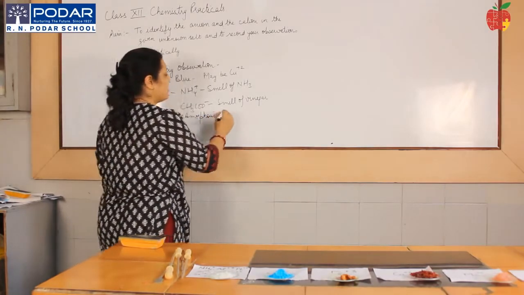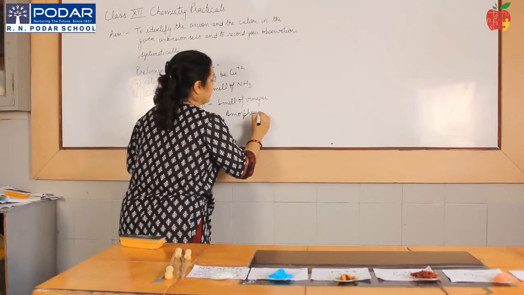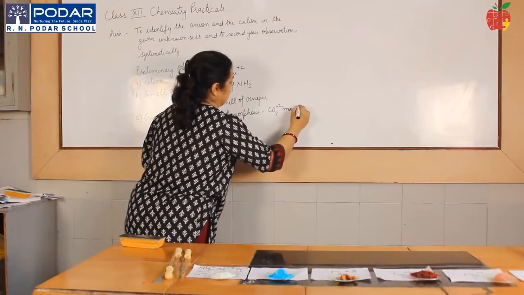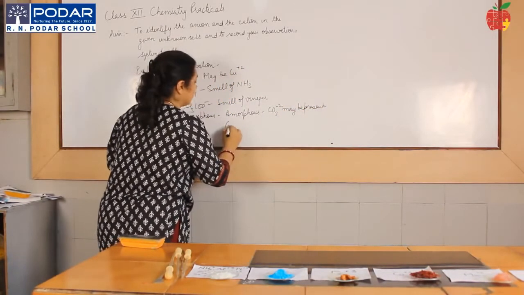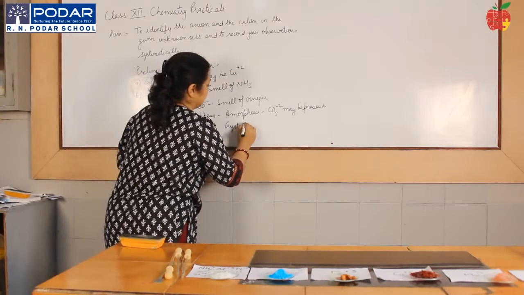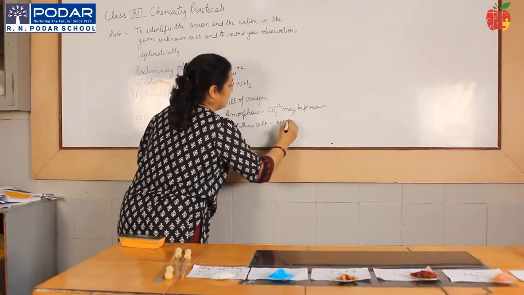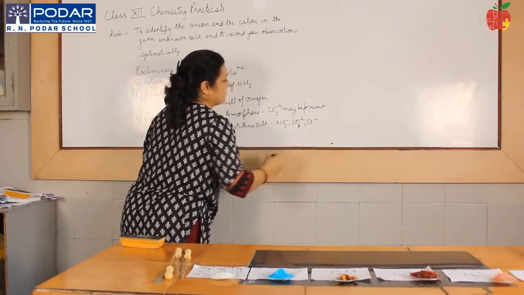If it is an amorphous salt, what we conclude is that maybe carbonate is present. And if it's a crystalline salt, then you may have a nitrate, a sulfate or a chloride.